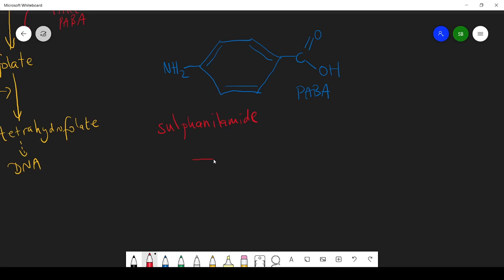So we have the 6-membered ring again. Not very good at drawing 6-membered rings. We have the NH2, and then here we have SO2 NH2.